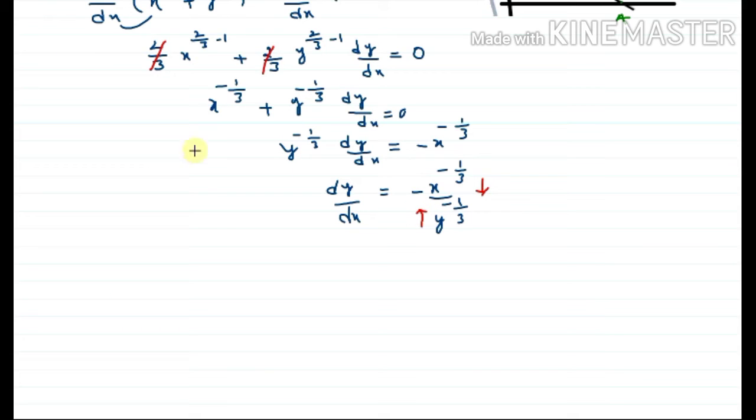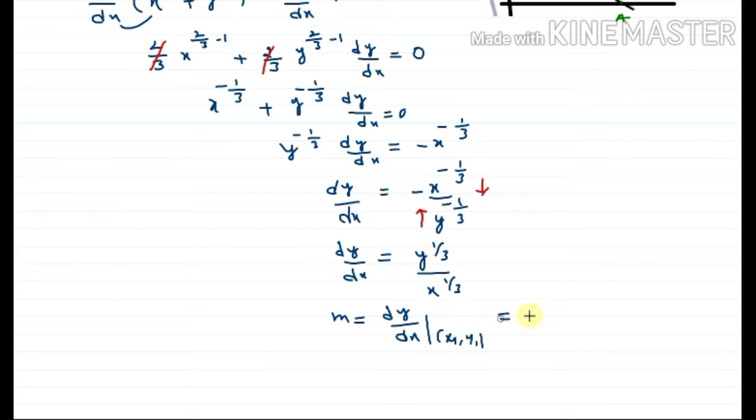Here you will get y to the power 1 by 3 divided by x to the power 1 by 3. So finally m is equal to dy by dx at (x1, y1). From that I will get, with the minus symbol there, minus y1 to the power of 1 by 3 divided by x1 to the power of 1 by 3.